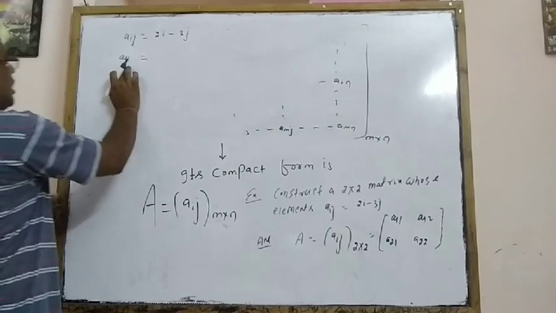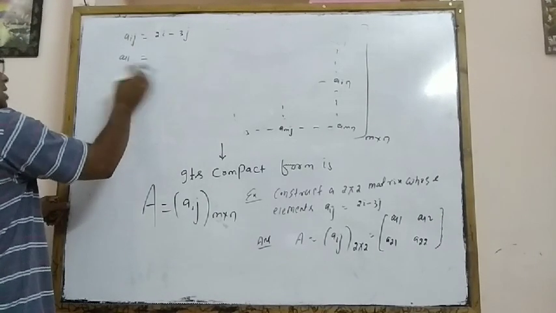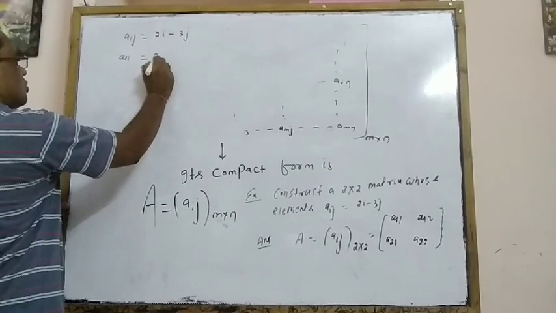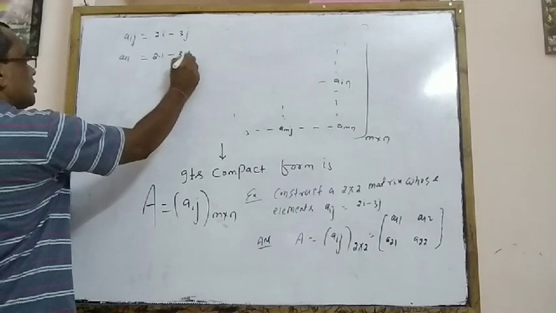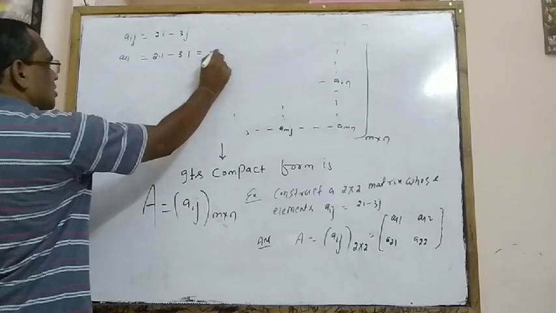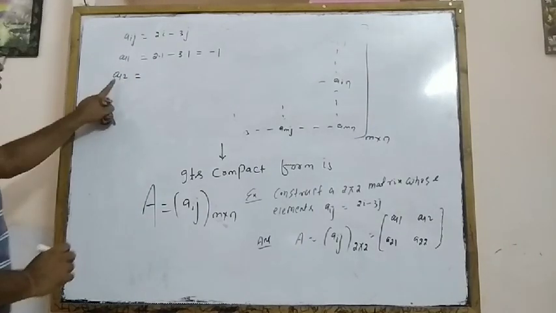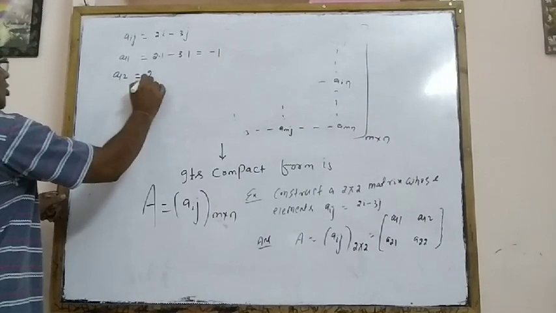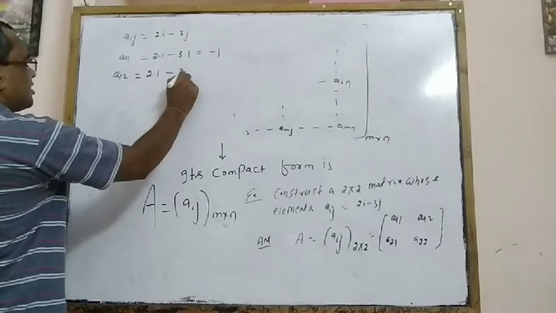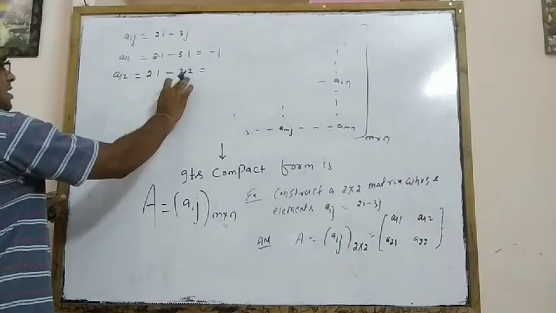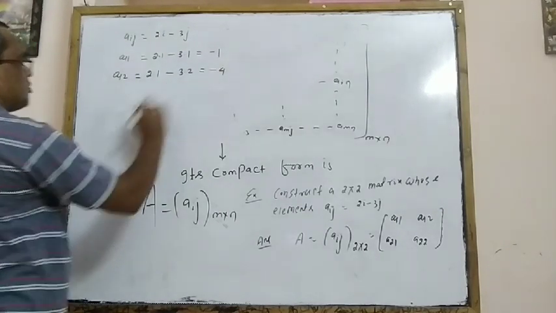So 2 into 1 minus 3 into 1, 2 minus 3 is equal to minus 1. A12: substitute i is equal to 1 and j is equal to 2. 2 into 1 minus 3 into 2, so 2 minus 6 is equal to minus 4.